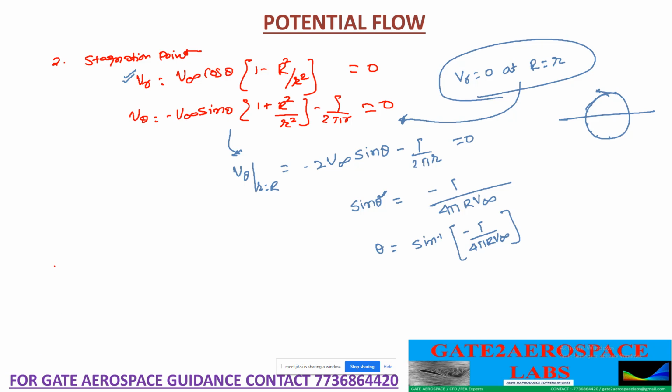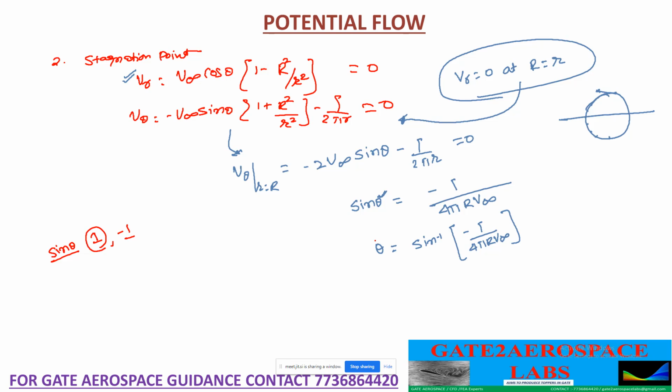You see, we know the maximum value of sine theta is 1, or minus 1 at the negative minimum.